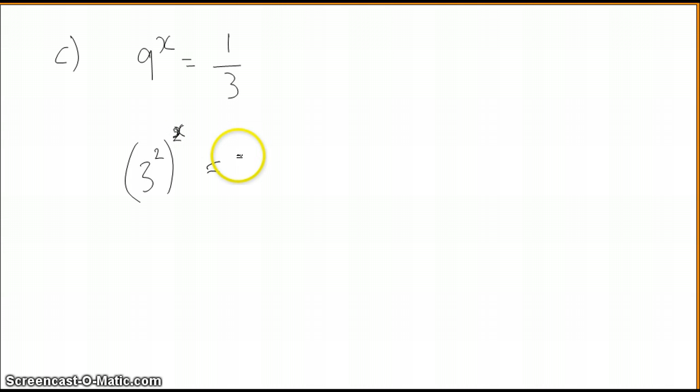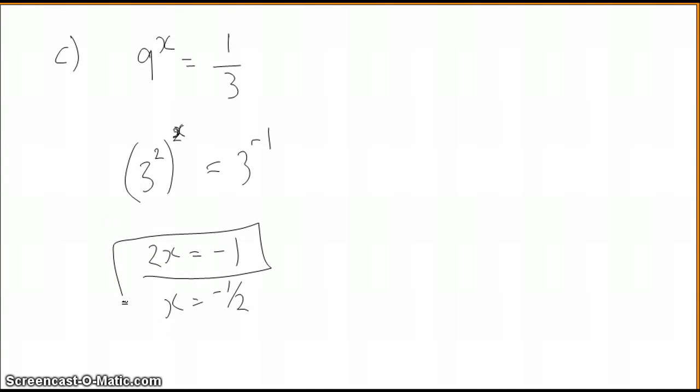And on the other side, 3 to the power what is 1/3? -1, you're getting it. So equating the powers, 2x must equal -1 and x has to equal -1/2. Okay, you should all be able to solve that equation. 2x equal -1 is the same thing as x equal to 1 over 2 or -1 over 2.